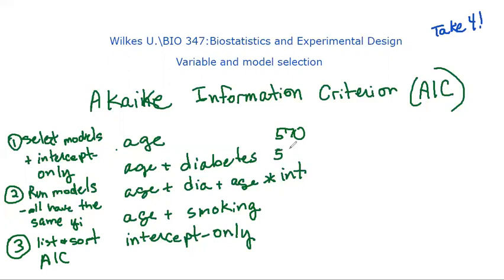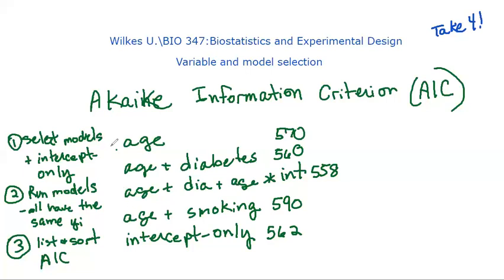So let's just first list these. 558. Okay, so here's our listing of AIC values.